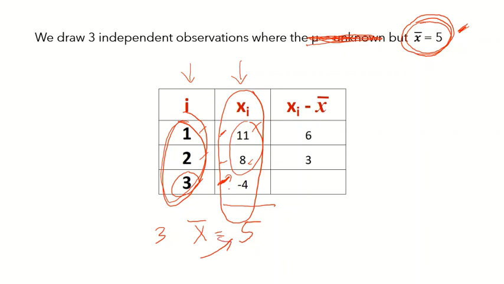And take note, the deviation between your final value -4 and your sample mean is -9. And we also know by rule that the sum of all deviations should be 0. We could have predicted -4 by just looking at this column. 6 plus 3 is 9.